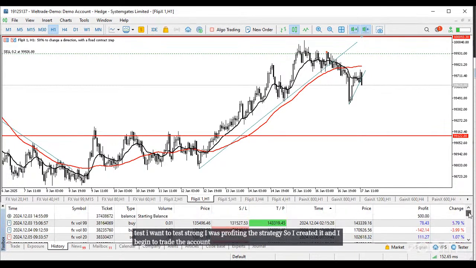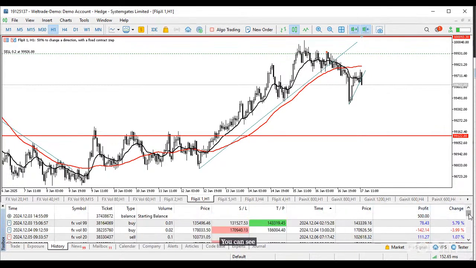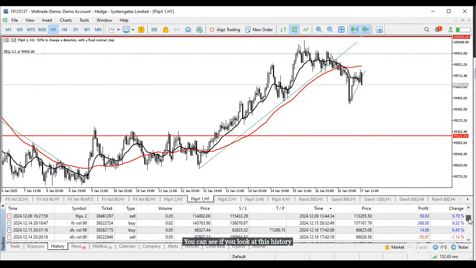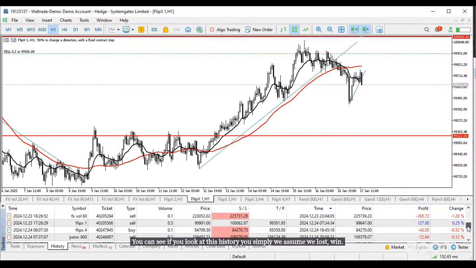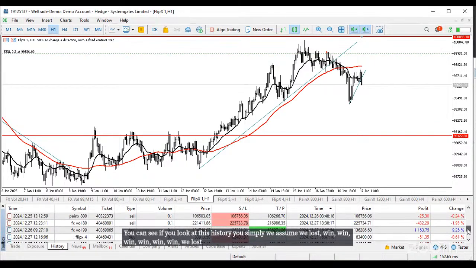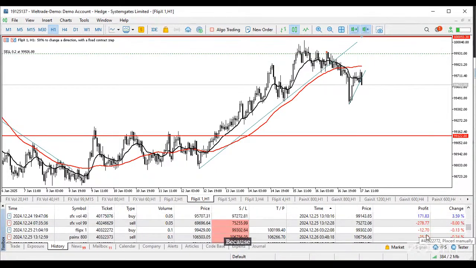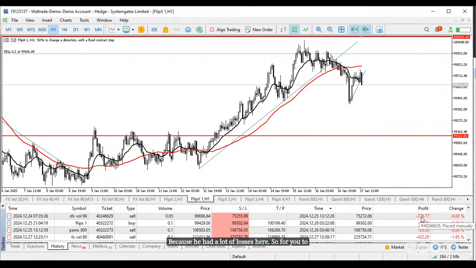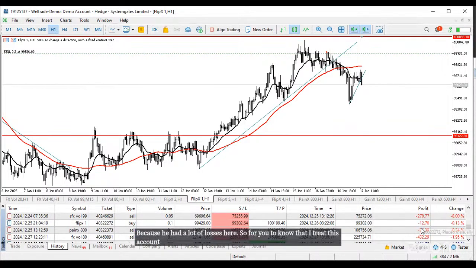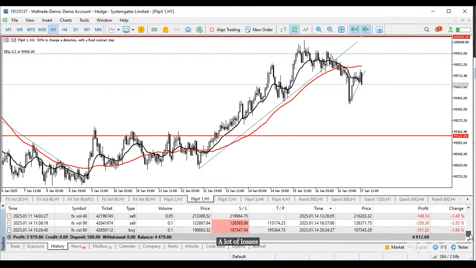I win. If you look at this history, you see win, loss, win, loss. You can see a lot of losses here, so you know that I treat this account like a live account. A lot of losses. Then you can see win, loss.